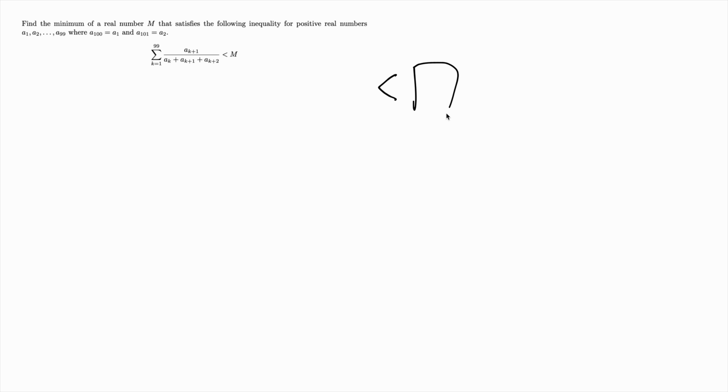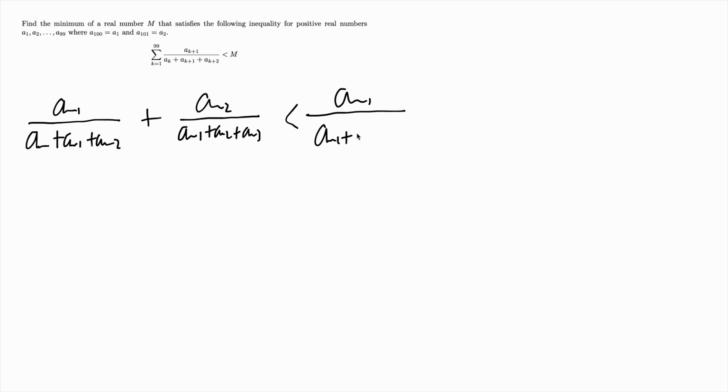So notice that a sub k plus 1, I'm quite lazy to write them, I'll just write it like this. a sub k plus 1 over a sub k plus a sub k plus 1 plus a sub k plus 2, plus a sub k plus 2 over a sub k plus 1, a sub k plus 2 plus a sub k plus 3 is obviously less than a sub k plus 1 over a sub k plus 1 plus a sub k plus 2, plus a sub k plus 2 over a sub k plus 1 plus a sub k plus 2, because a sub i is a positive real number.